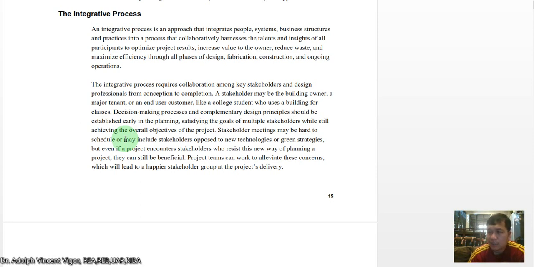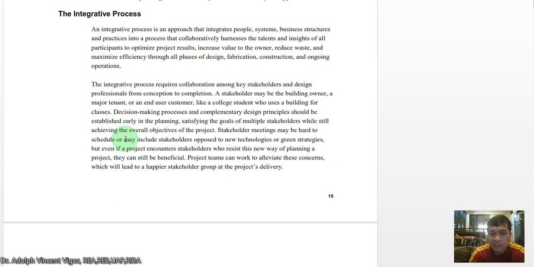So, in this process, guys, you don't only plan to achieve the goals that you've set, but you also have to think of satisfying everyone, even the stakeholders of the project.